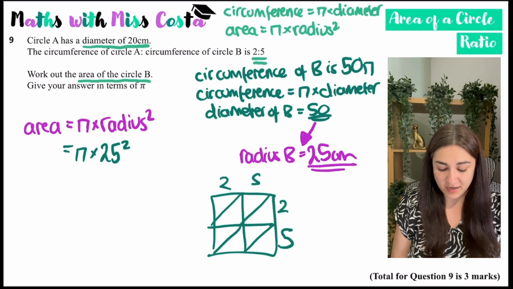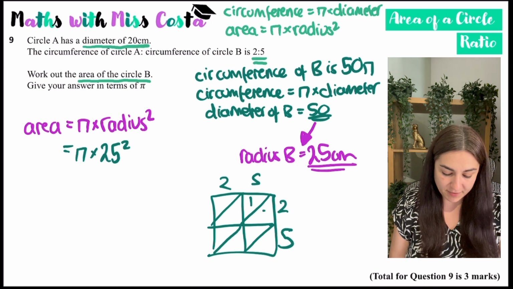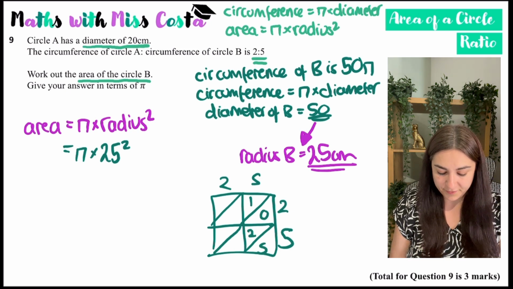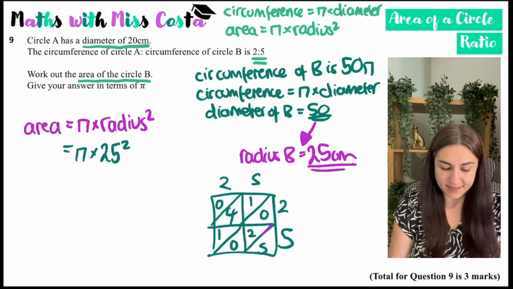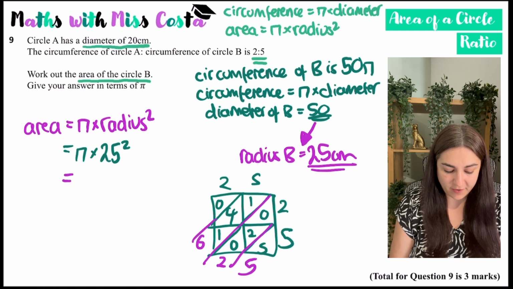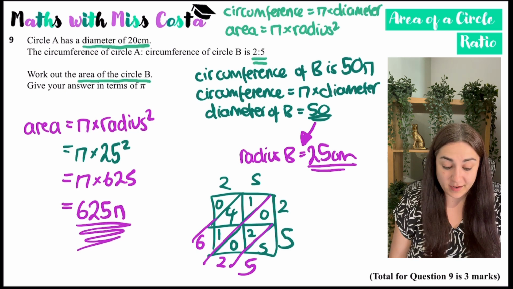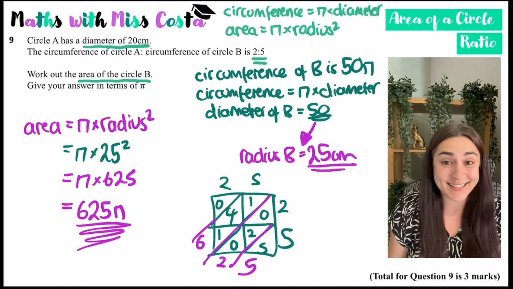You might also know that it's 625 because you're great at your square numbers, but if not, then 5 times 5 is 25, 2 times 5 is 10, 2 times 5 is 10, and 2 times 2 is 4. Extend your line, so that'll be 6, 2, 5. Okay, so I know that the area is going to be pi times by 625, which is 625 pi. So all of these things you know how to do.